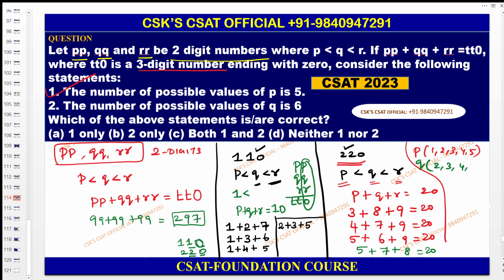Then we used 6. We used 7. Then 8. So therefore 6. Yes, 6 is possible here. So the number of possible values of Q is 6. In this situation, both are satisfied here. So therefore both 1 and 2.